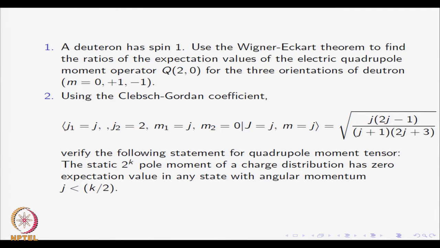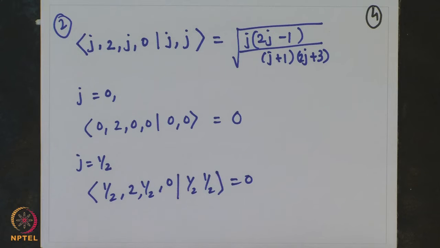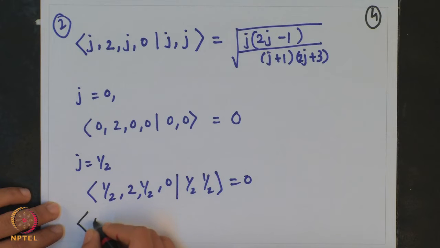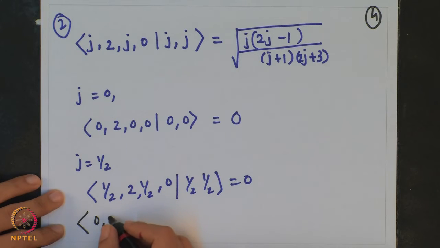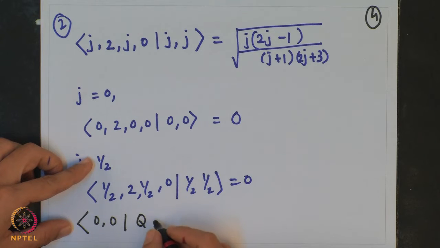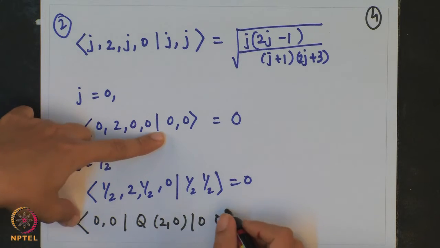So, from here you can see that these quantities are 0, and when you write it in terms of the expectation value, I will have the 0 0 state, and I have q 2 comma 0, and 0 0, correct.